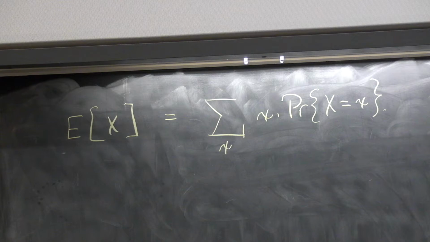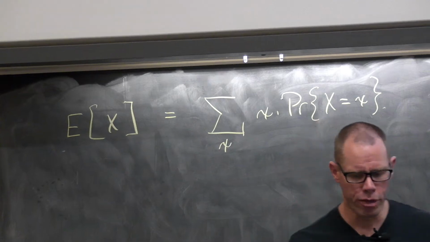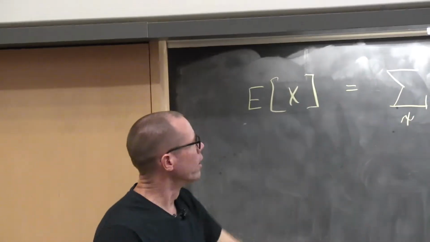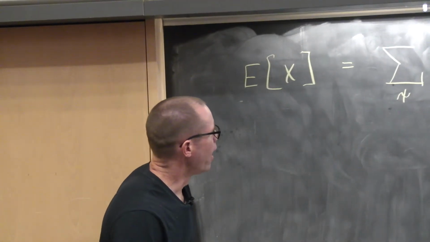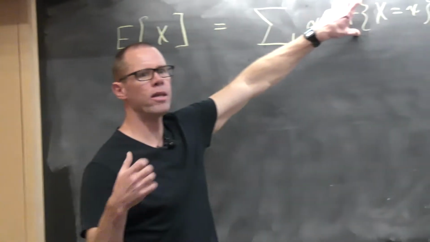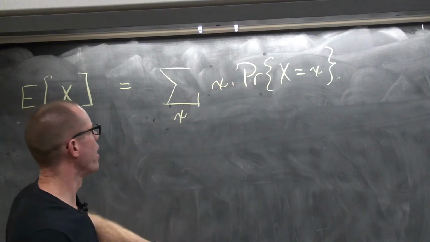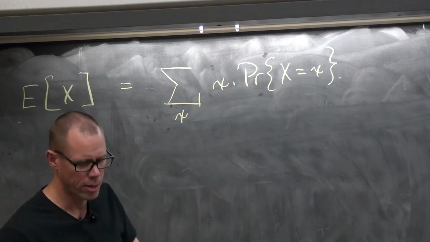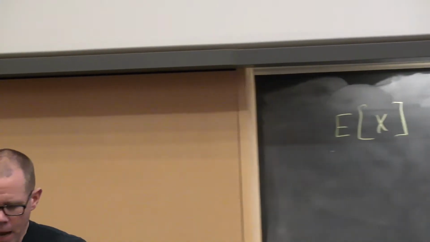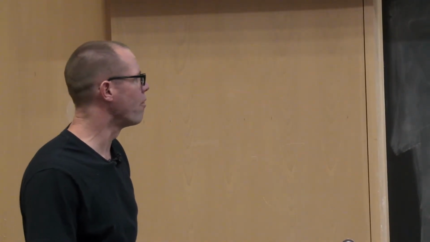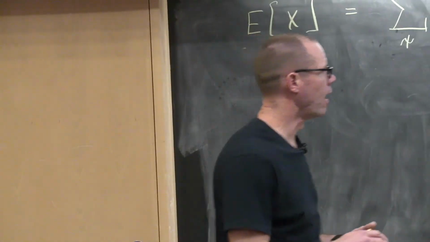So, if we were trying to measure the average height of a person on the planet Earth, then we add up over all people of, let's say, height 100 centimeters. We take 100 times the probability that the person we get has 100 centimeters. And then 101 times the probability that the person we get is 101 centimeters, and so on. Okay? And this gives you a meaningful definition of average or expected value.